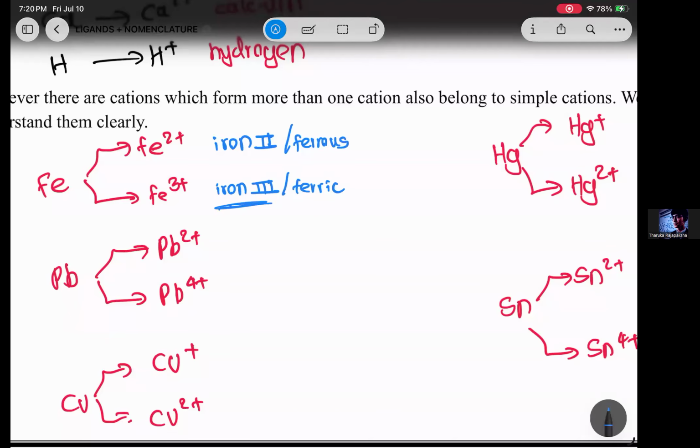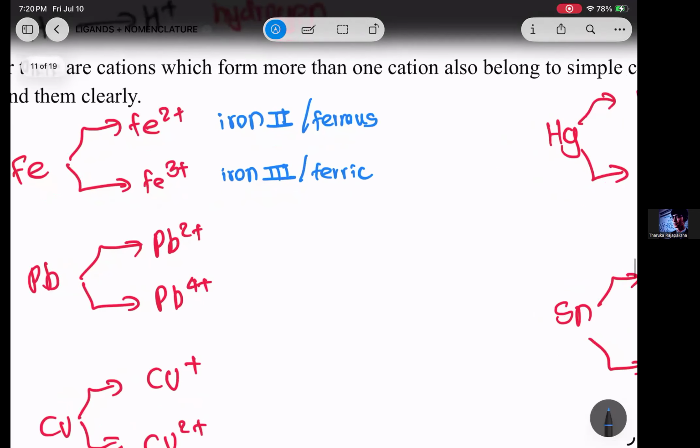For example, FeSO4, you can write iron 2 sulfate. I will tell that later, combining anions and cations and writing. This one will be lead 2, this is lead 4, and the other names are plumbous and plumbic.